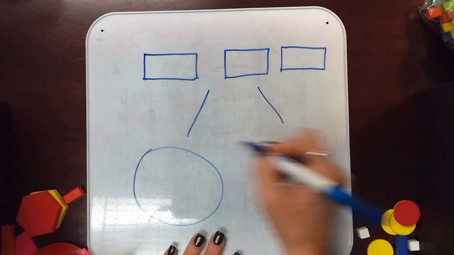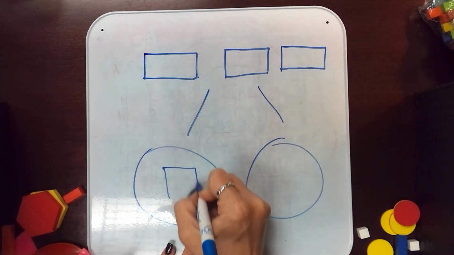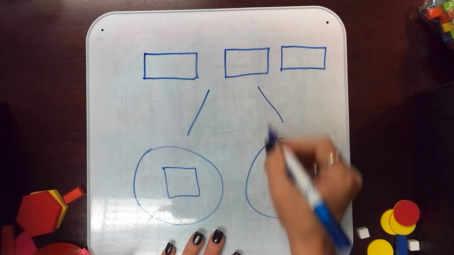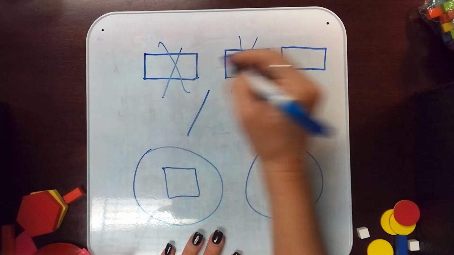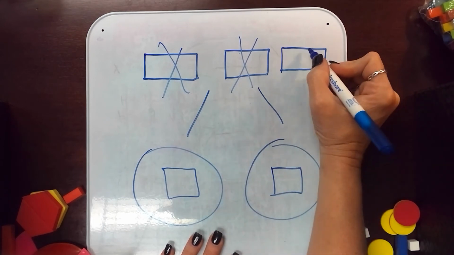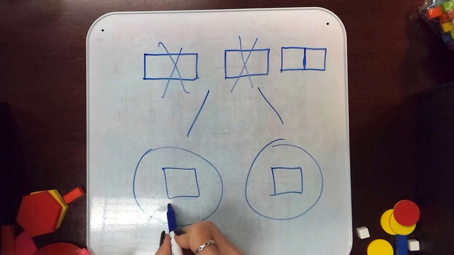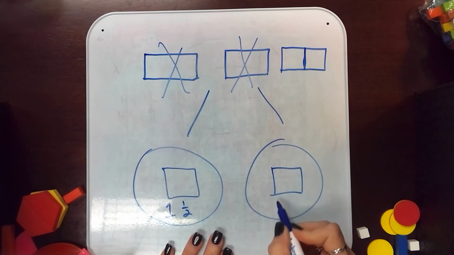Right? So, I know that each person can get a whole pizza. I'm good with that. Right? So then I'm left with this half, or this pizza. So I have 2 people. I need to separate it into halves. So each person gets 1 and 1/2 pizza. Okay?